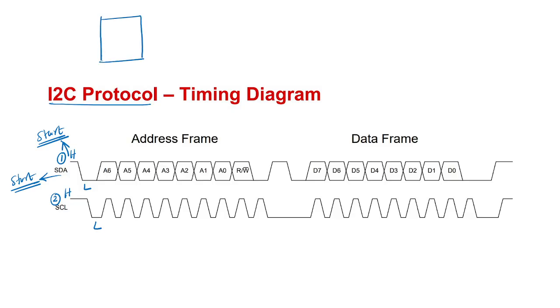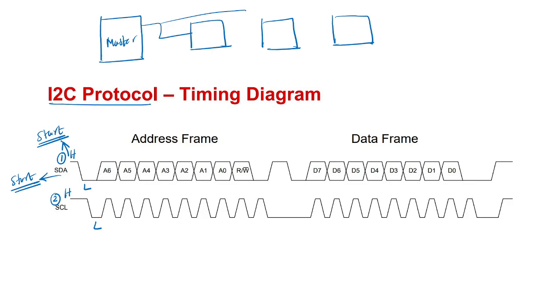Suppose you have a master and multiple slaves connected through the SDA and SCL lines: slave 1, slave 2 and slave 3.